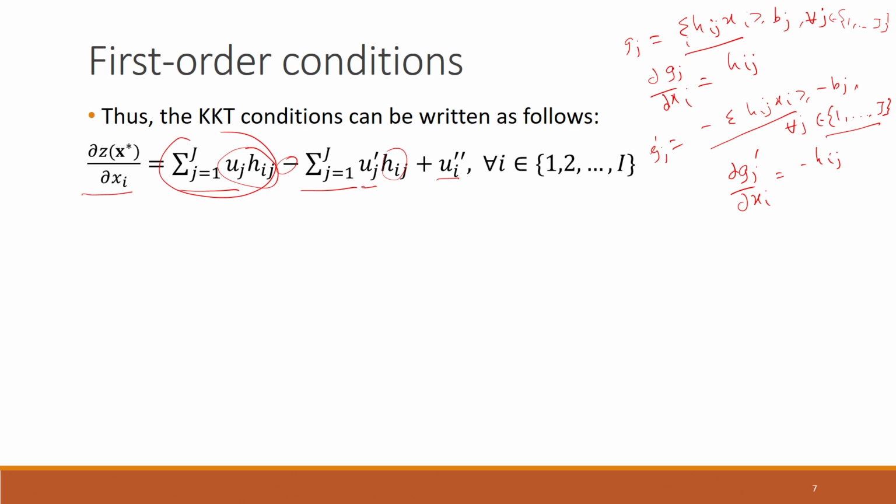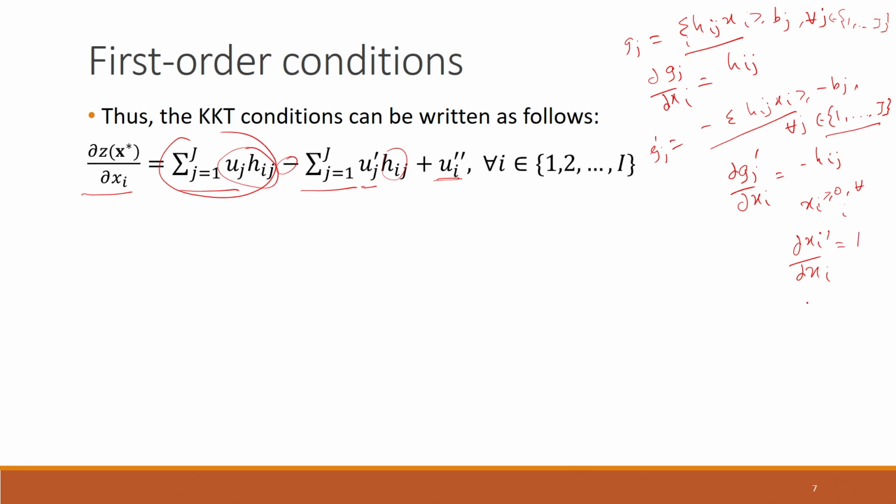Okay, now let us come to this last term here. We also have these non-negativity constraints, that xi is greater than equal to 0 for all i. Okay, now suppose we are taking the partial derivative of xi dash greater than equal to 0, suppose it is of this form, with respect to xi.